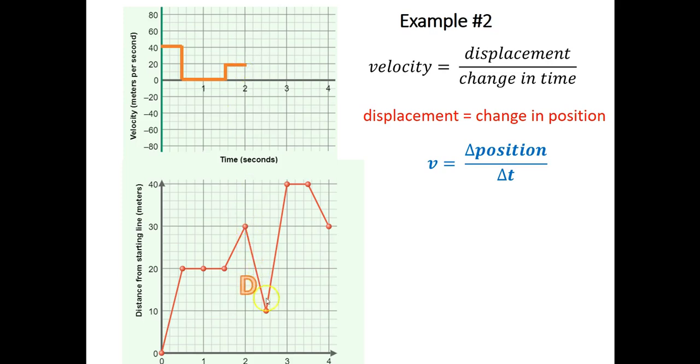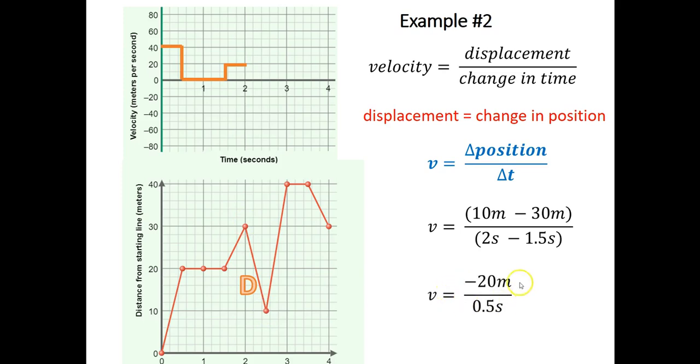Our next segment, D, is going down and quite steeply. So we're going to be negative, and you can tell that it's going to be a high-ish number because it is a pretty steep slope. So our ending position is 10 meters. Our starting position is 30 meters. And again, it's a very short time. It's only 1/2 of a second. So 10 meters minus 30 meters, and this should be 2.5 seconds minus 2 seconds.